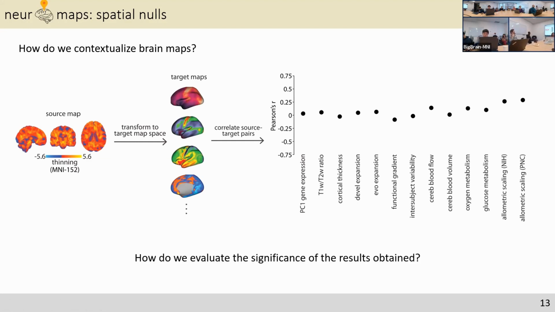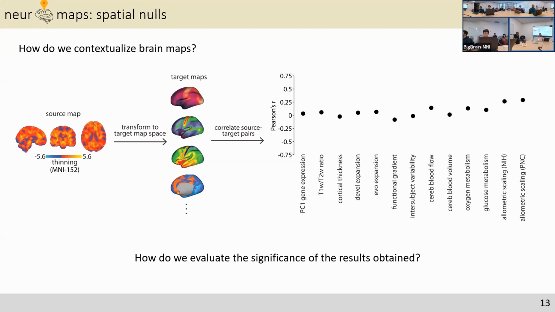But the question is, how do we evaluate the significance? As I was saying earlier, there's this thing called spatial autocorrelation. Brain maps are smooth, basically. As a result, there are a lot of patterns in the brain where many brain regions have a similar value, whatever it is.